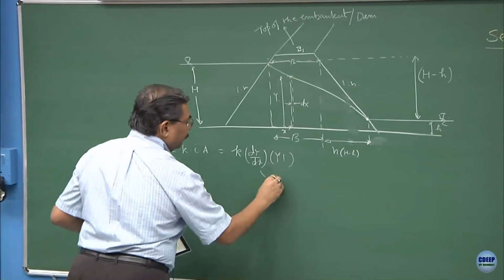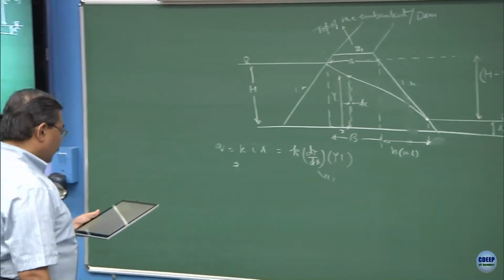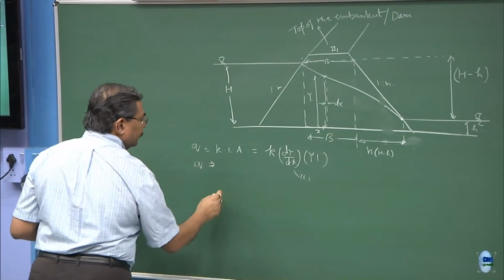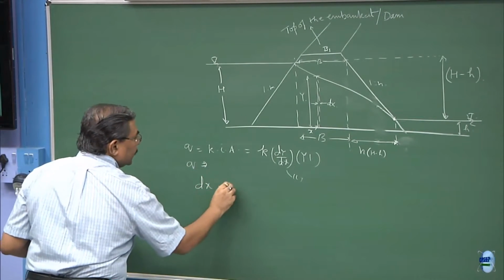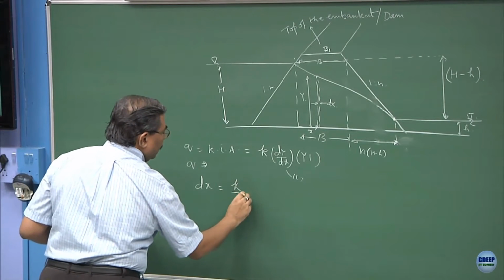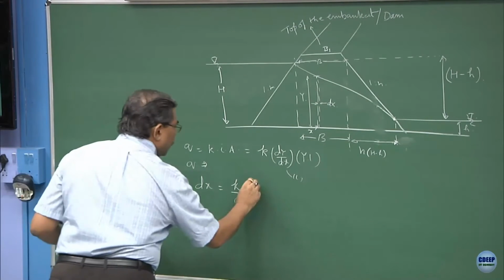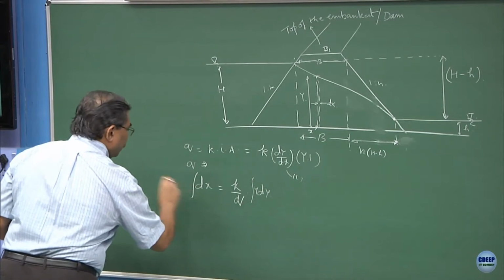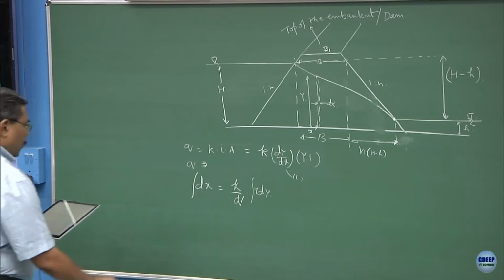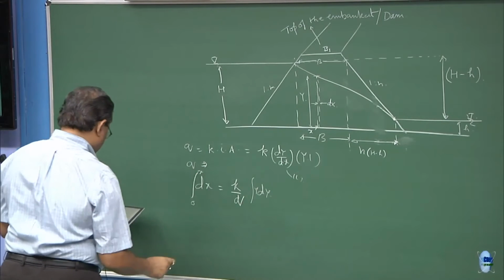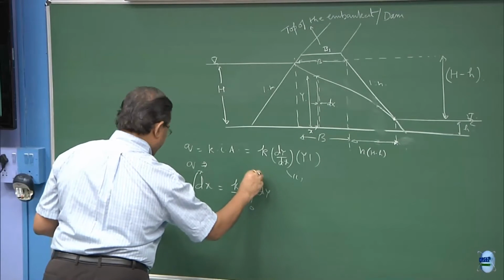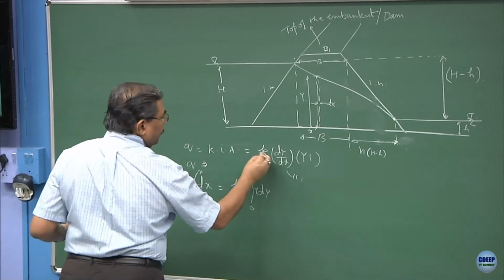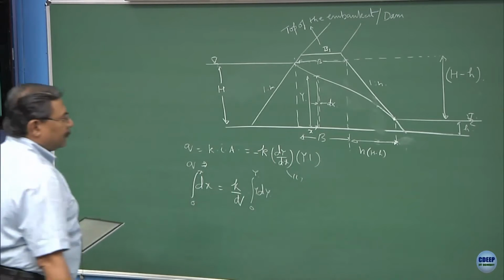This is the slope of the phreatic line, and if I integrate this function, I will get dx equal to k by q into y dy, from 0 to x and 0 to y. When I am writing dy by dx, please be careful with the sign, this will be minus.